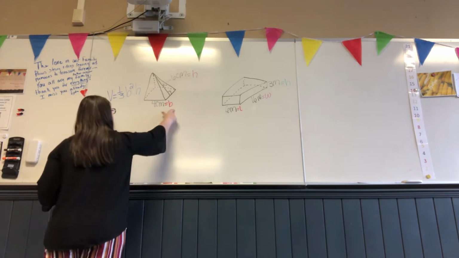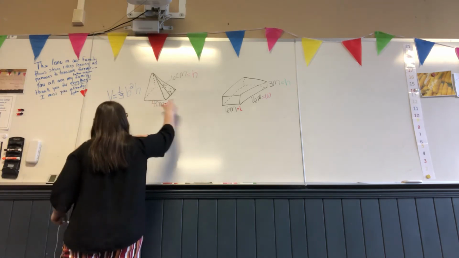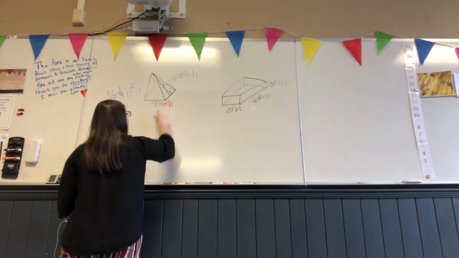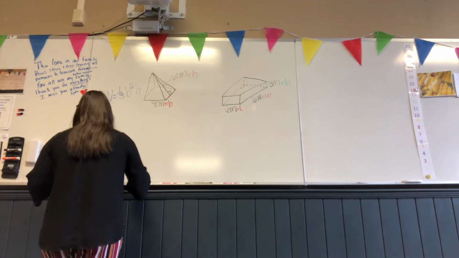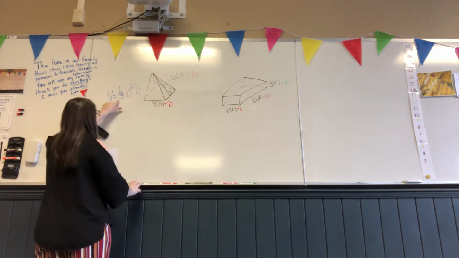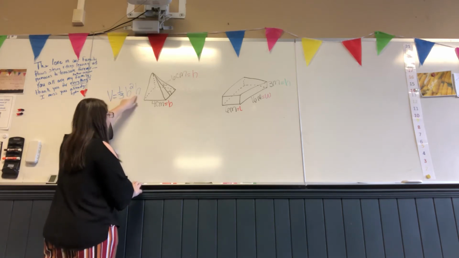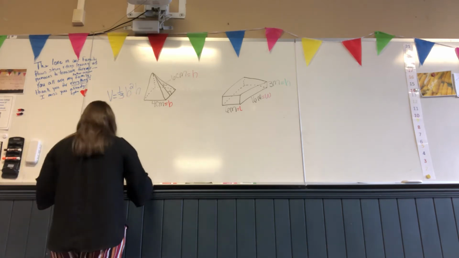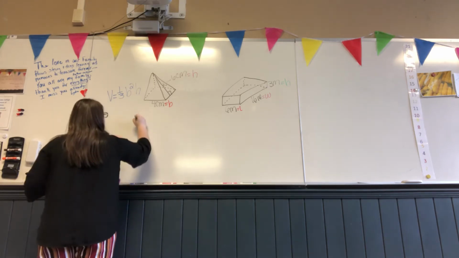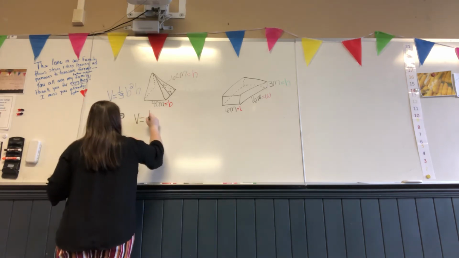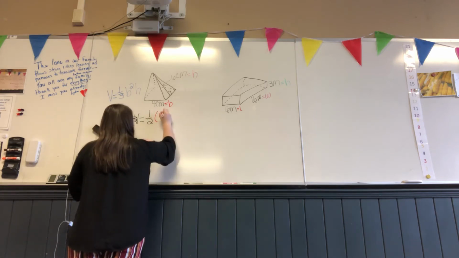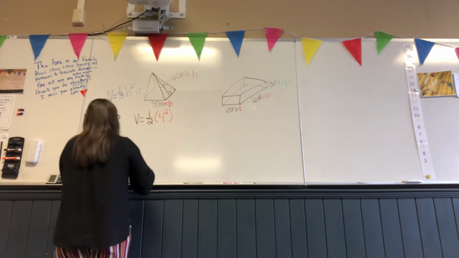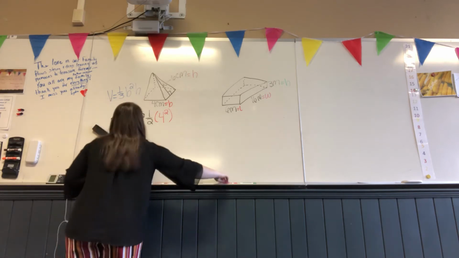The base is 4 centimeters, and the height is 6 centimeters. The volume formula is 1/3 times the base squared times the height. So the volume is equal to 1/3 times 4 squared, and then the height is 6.